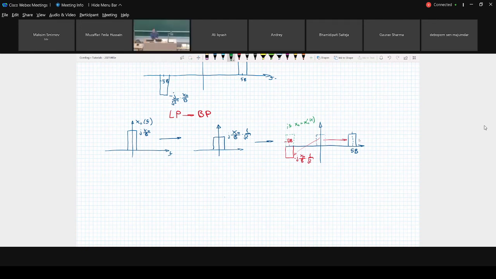It's just an intermediate step. I don't know if we can give a name, like low pass with modified amplitude, but we don't have a special name for this signal. It's just for your information to understand what happens.